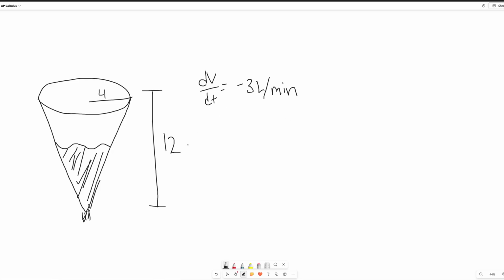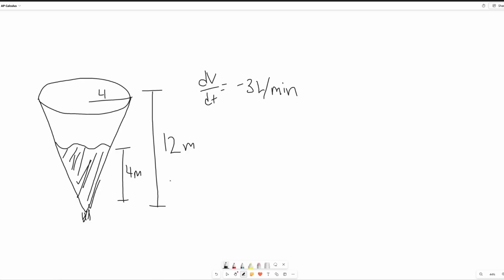And this is 12 meters, I should put. So, if I wanted you to find the change in height of the water when the height of the water is at 4 meters, how would you do it?